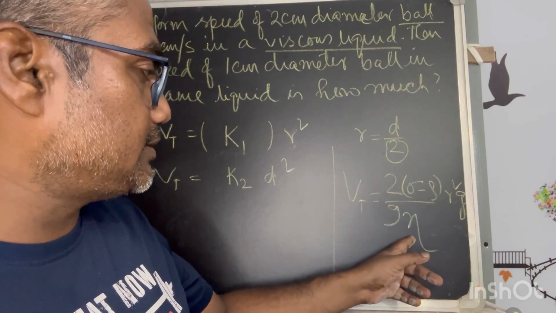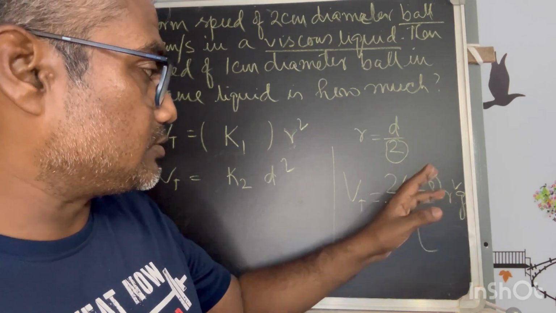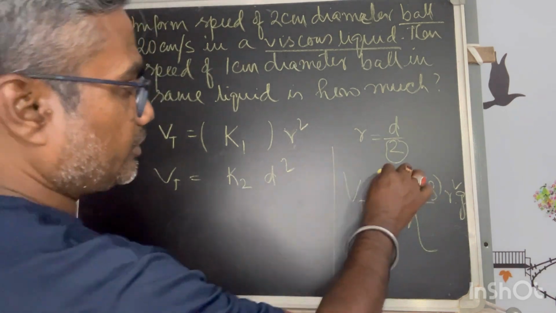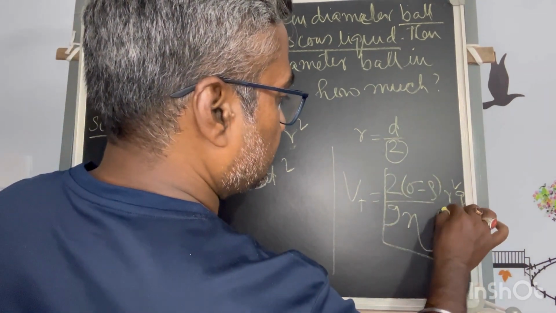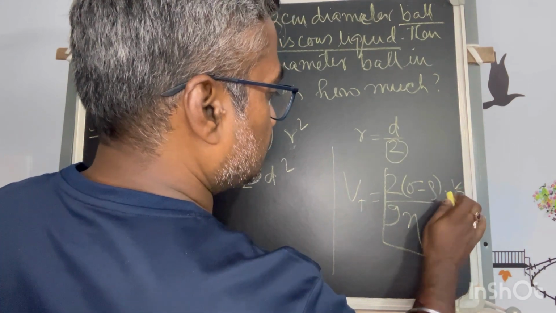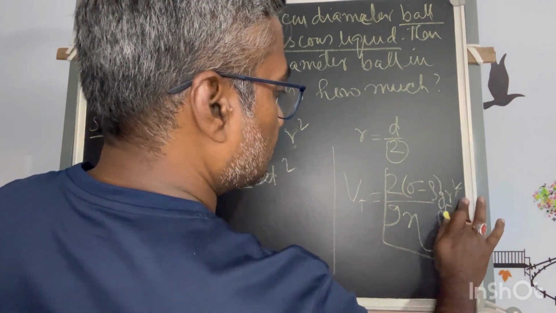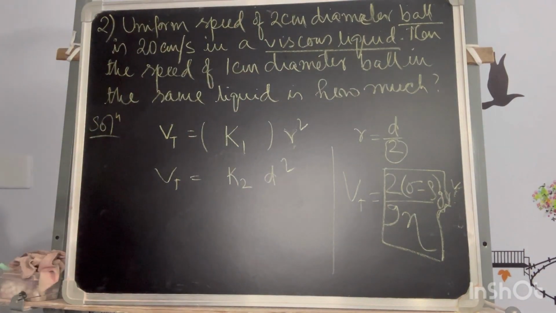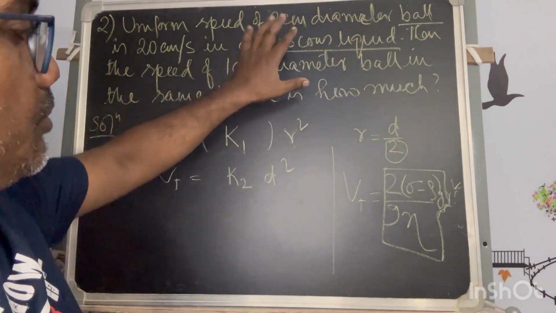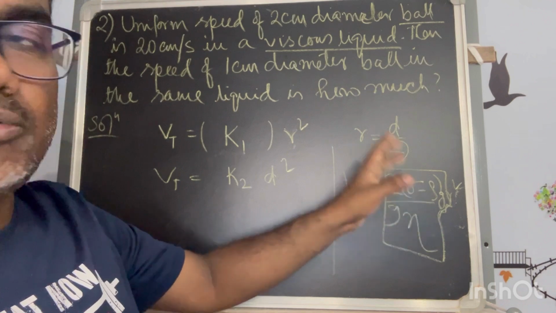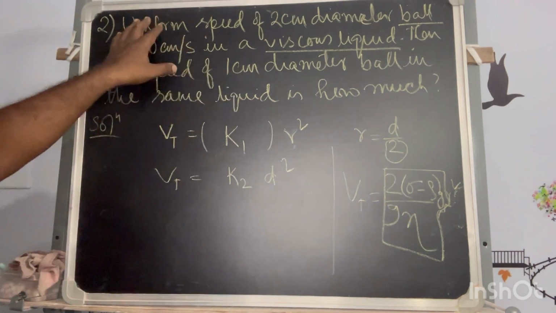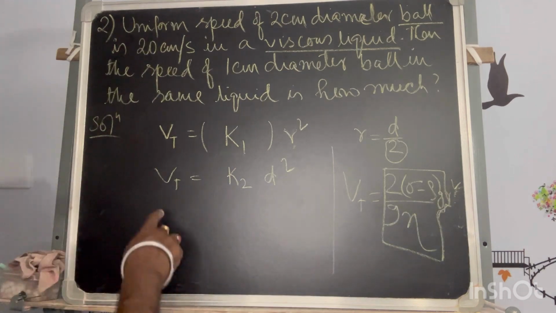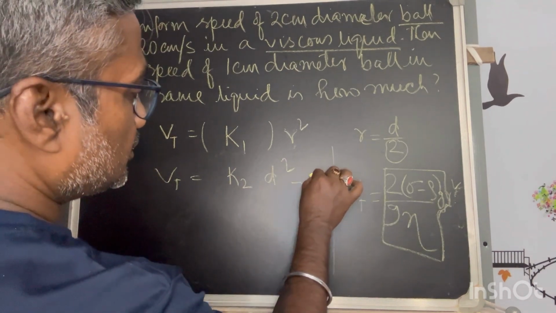So you can understand all these are constant. For a particular problem, rho and sigma will not vary, and only the variation is r. So here Vt is related to r square, so this is your equation 1.